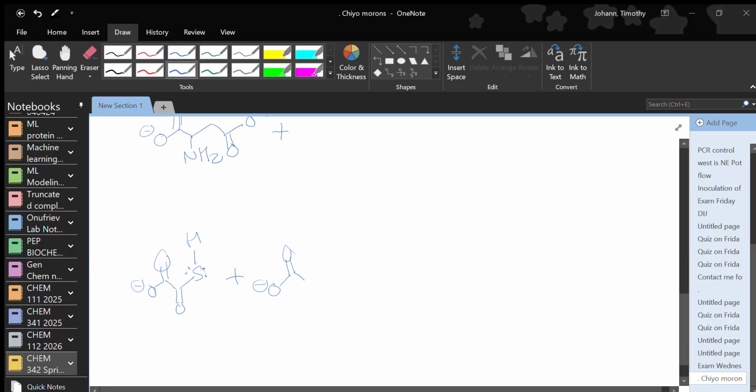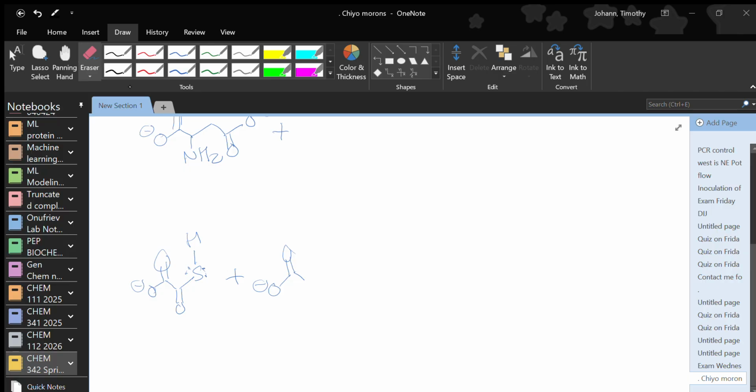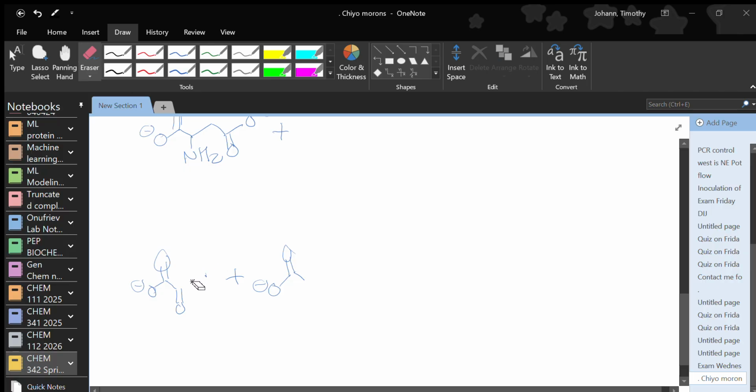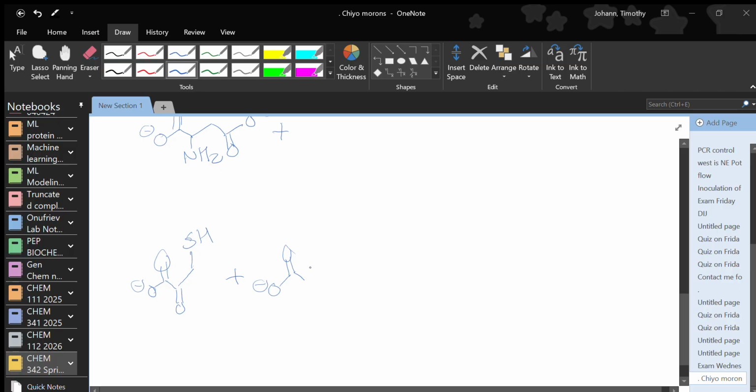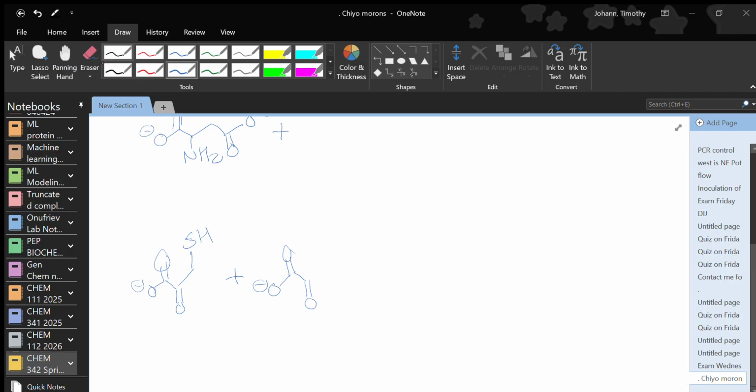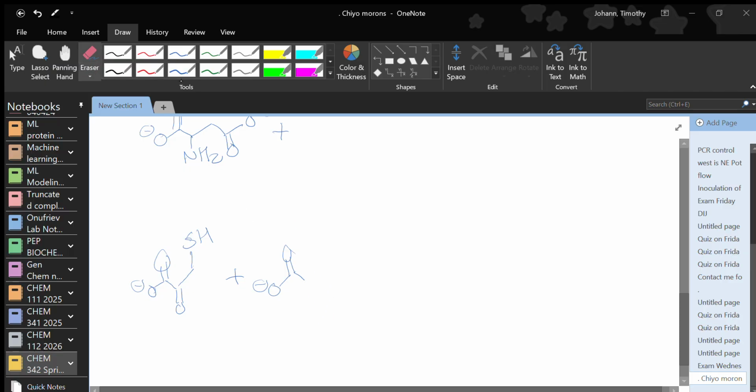Yeah, in fact, I lost a carbon, didn't I? Now let's do it like that. That's not yet, but it's going to be. But we could react that with glutamate. This is a transaminase.